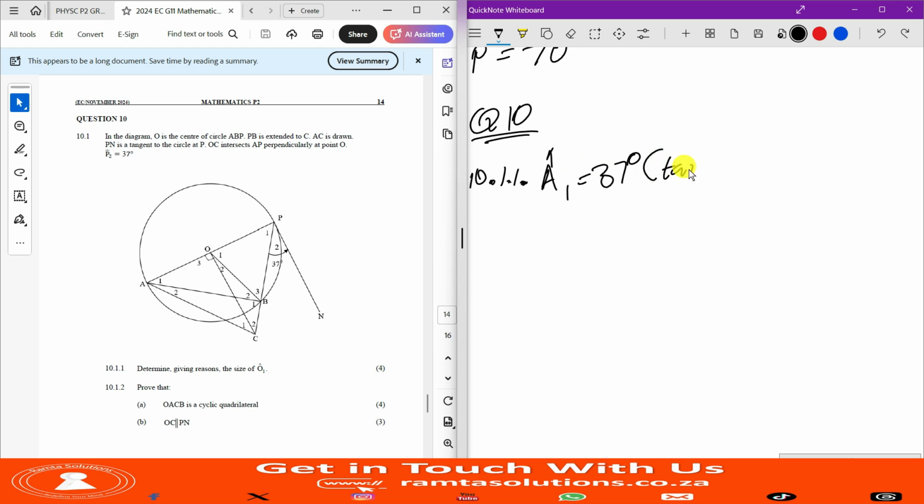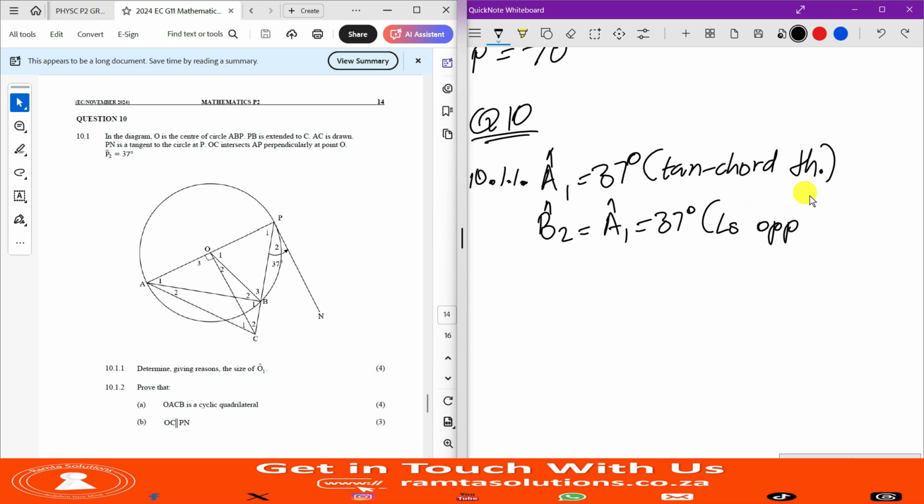Why? This is the chord theorem. Now I will say angle B2 is equal to angle A1, which is 37 degrees. Why? These are angles opposite equal sides.